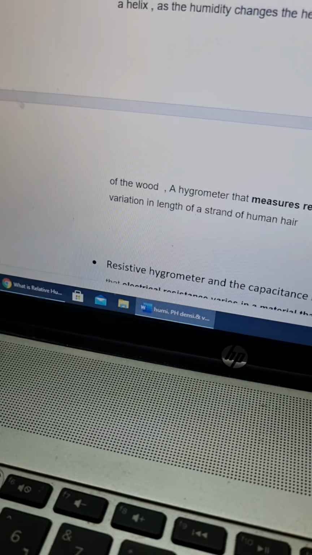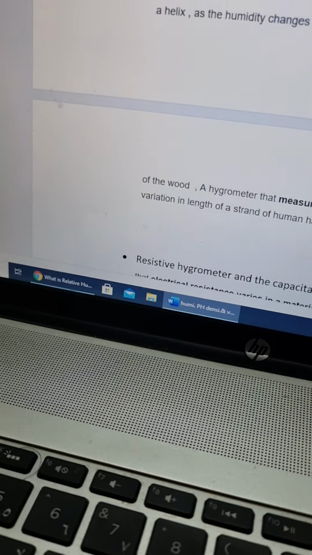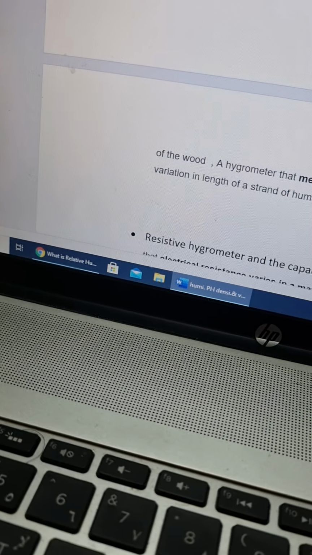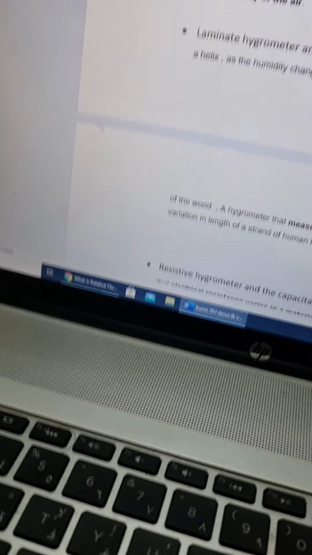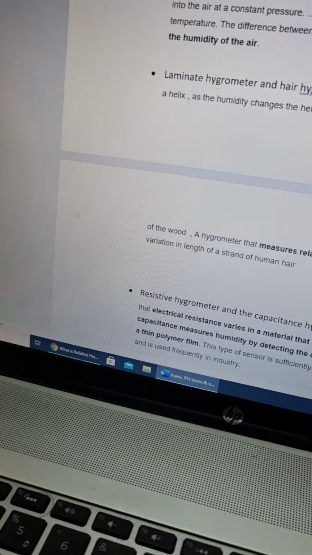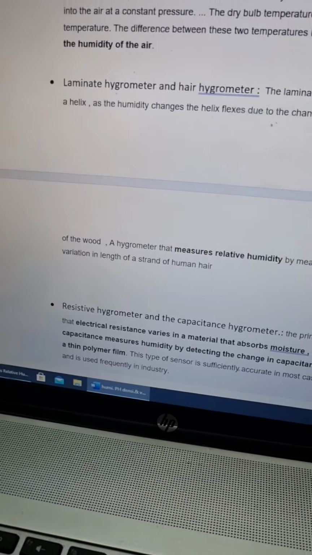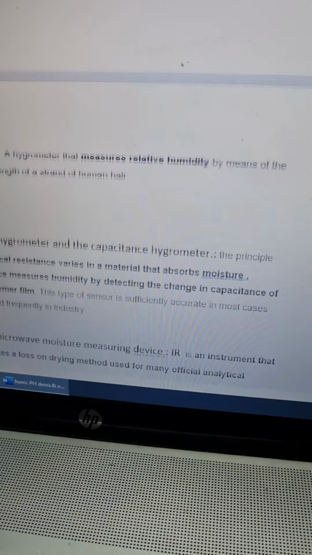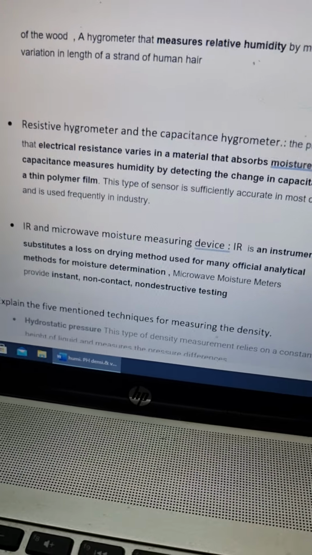It measures relative humidity by means of the variation in length of a strand. It's like a human hair. It changes by 3 percent, and you can see the difference. It's more accurate, the hair hygrometer.